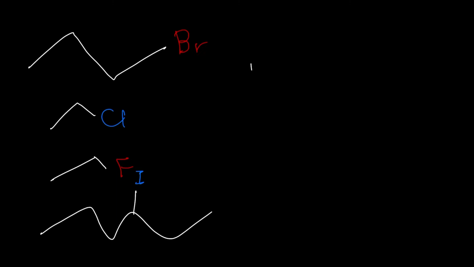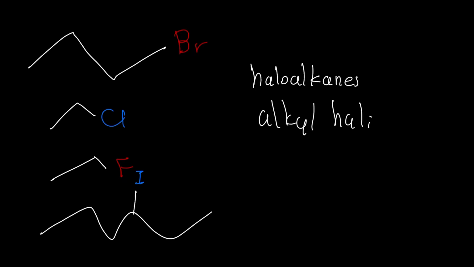So these are called haloalkanes, or they're also called alkyl halides. Now the halogens you can have, if you want to write them out, they're on 7A of the periodic table: fluorine, chlorine, bromine, and iodine.